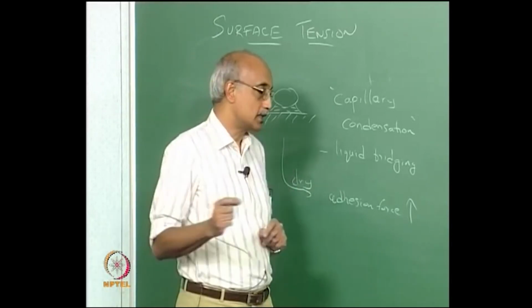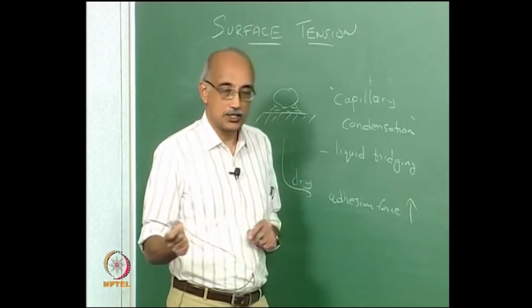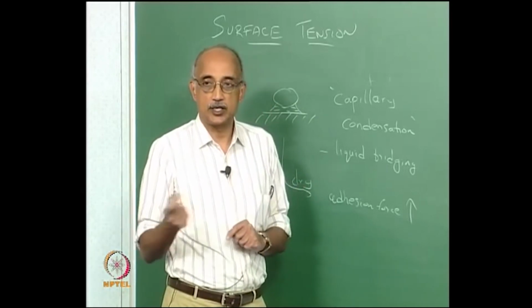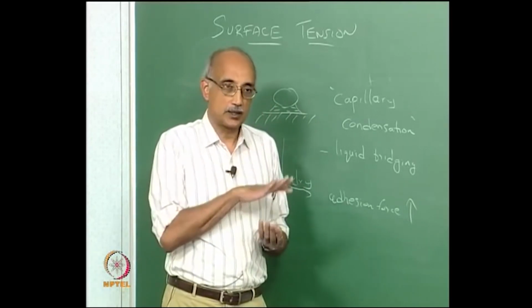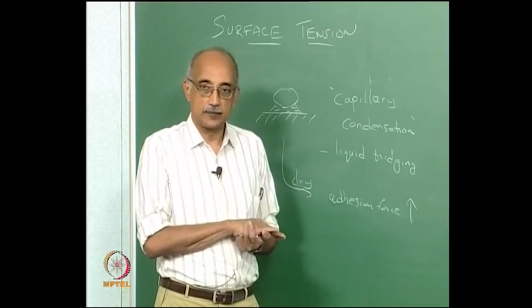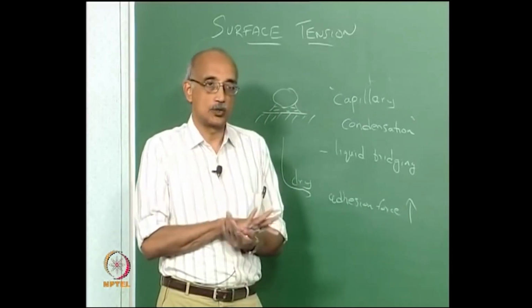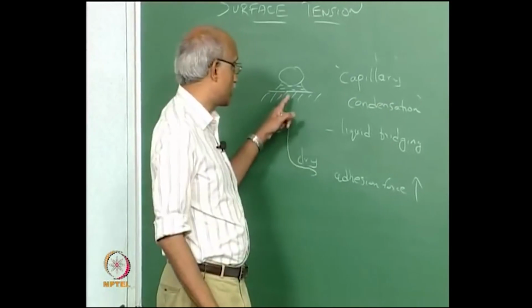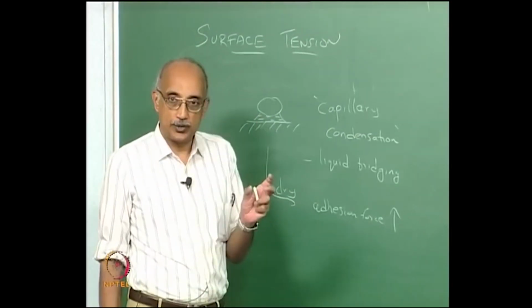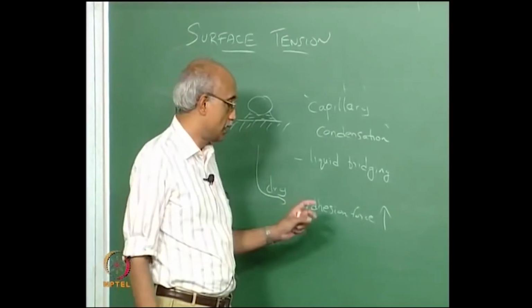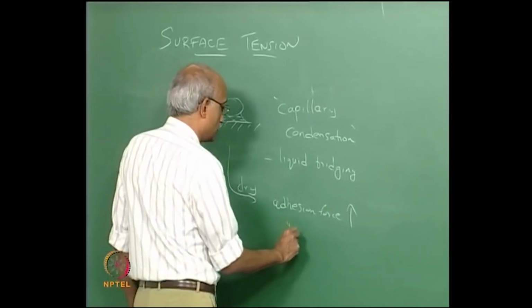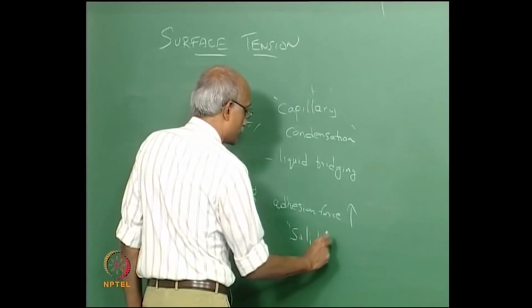So, the key point is that whether you are washing dishes or washing semiconductor wafers, never let particles dry on the surface after they have been soaked in a liquid, because of this phenomenon. Initially you will form a liquid bridge between the particle and the surface, and eventually it will turn into what is known as a solid bridge.